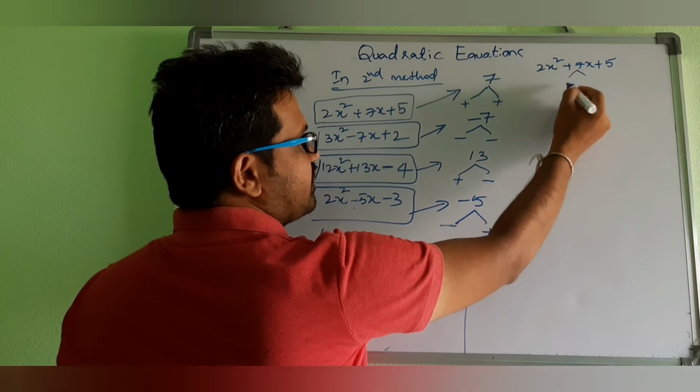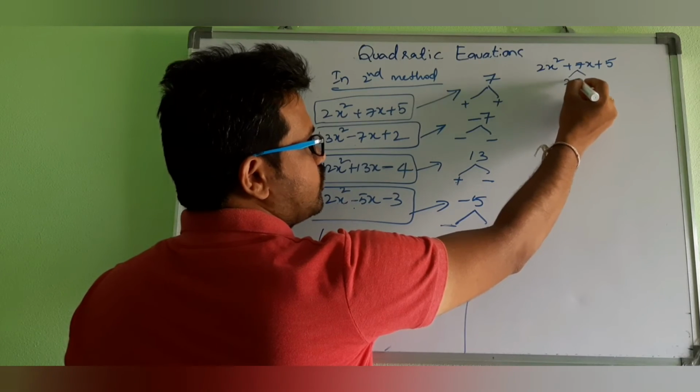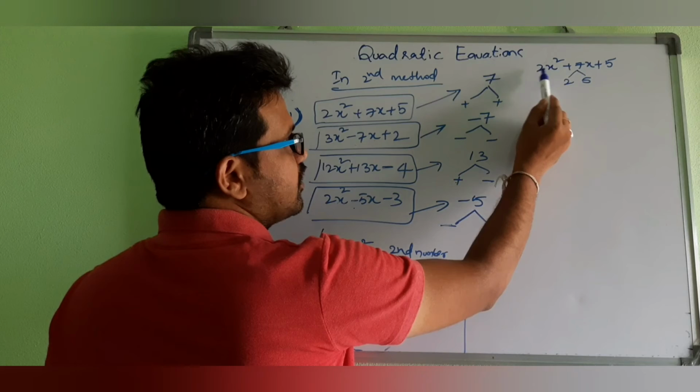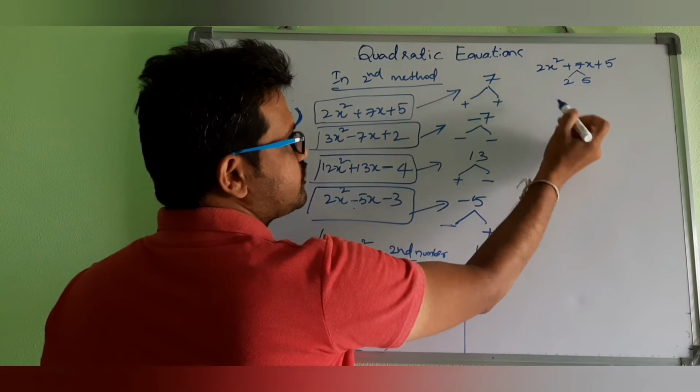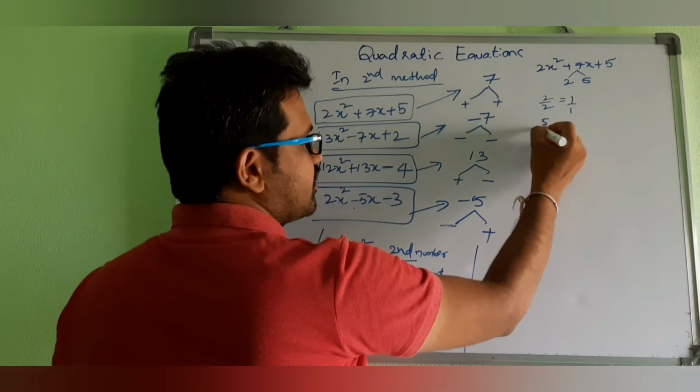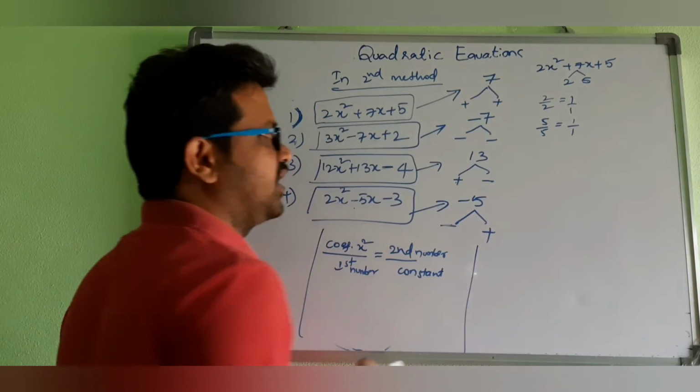So 7 we can write as 2 plus 5, both positive. Then 2 by 2 is 1 by 1, and 5 by 5 also 1 by 1.